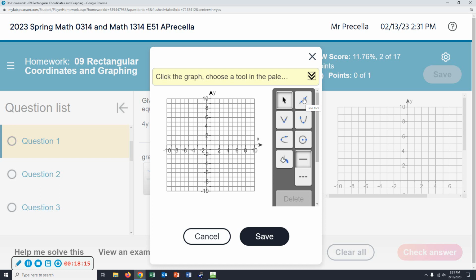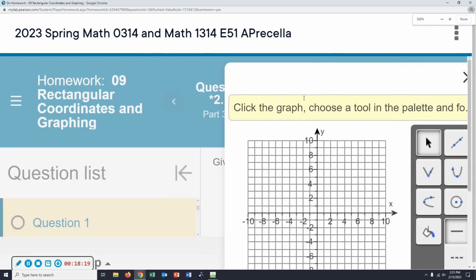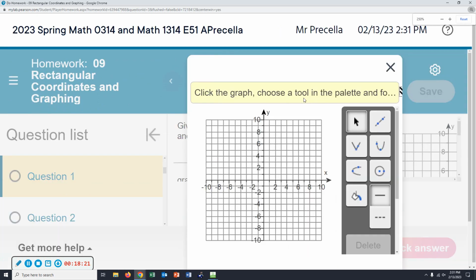Let me see if I make this larger. Oh, maybe I made it too large. If I hover right there, it says line tool. Right here, it says absolute value tool. Well, we'll discuss those other tools as we move through them.